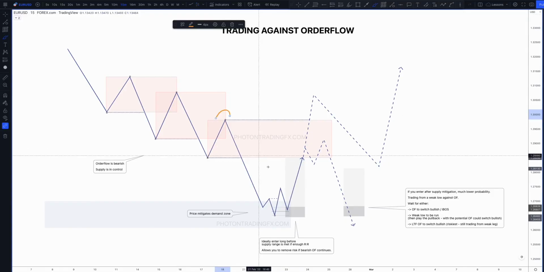This is what I was trying to say in the video, but this is a better representation. We come into the level, we see the entry model, and we want to get in here. Ideally, it moves up and we're running in profit. Now we can either take partials, remove our risk, or trail our stop loss, but essentially, that bearish order flow can continue.